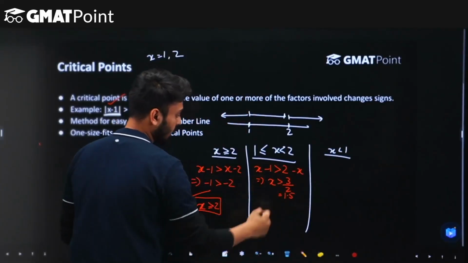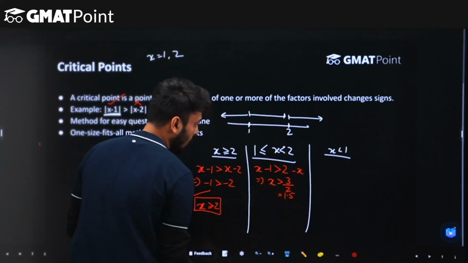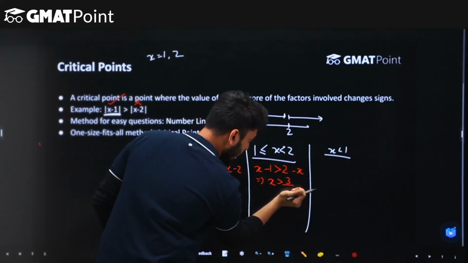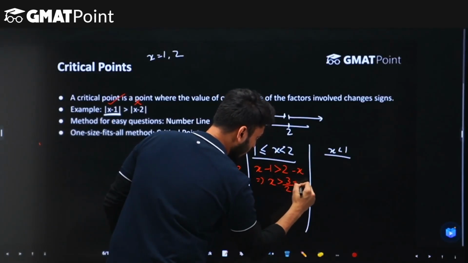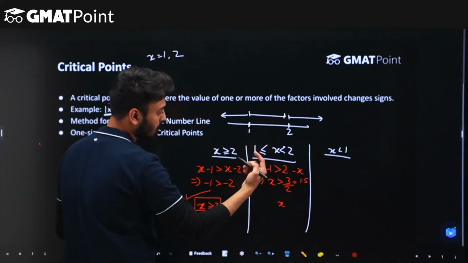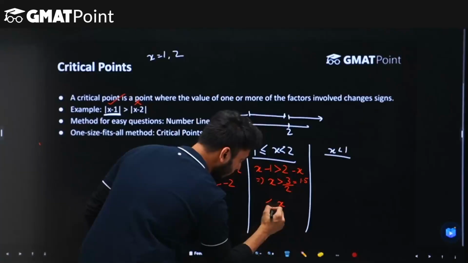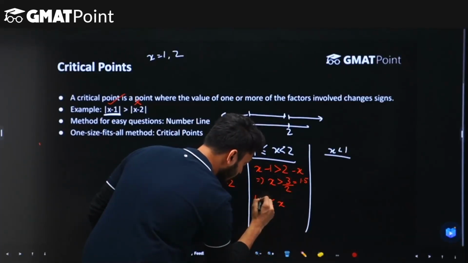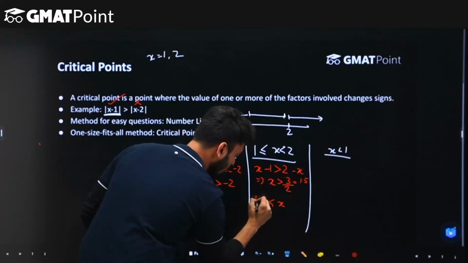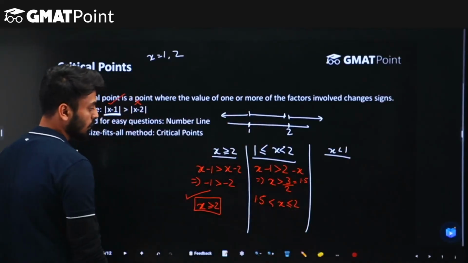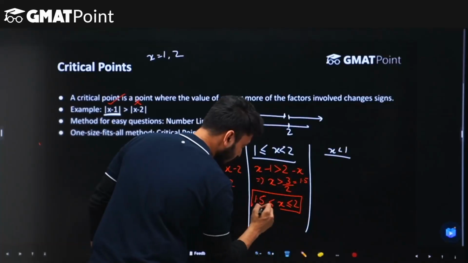So in this case, combining the two, x must be greater than equal to 1, but also x must be greater than 1.5. So I have x greater than 1.5, but the upper limit is 2 from over here, so less than equal to 2. So that is my second range.